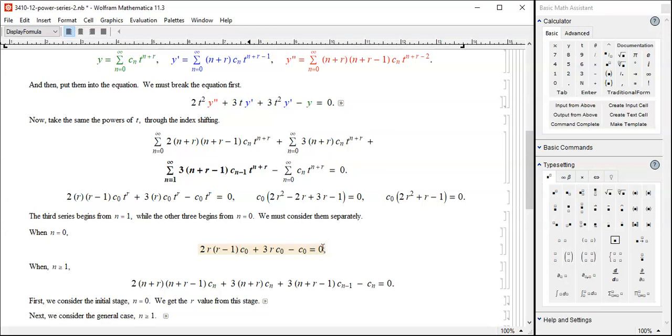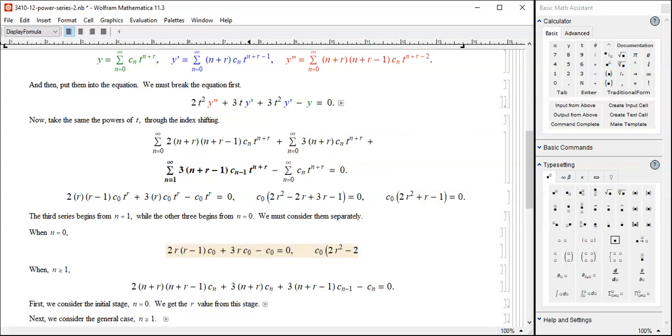So from here, factor c0 out. You see, t to the r power is going to be cancelled out anyway, so I didn't bother writing all those. Factor c0 out, then we have 2r squared minus 2r plus 3r minus 1 equals 0. C0, and then we have 2r squared plus r minus 1 equals 0.